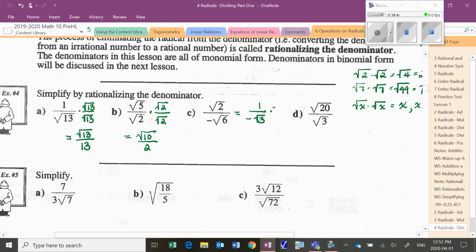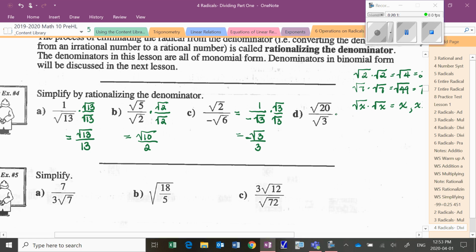Then to rationalize, I need to multiply top and bottom by the square root of 3, and so then we've got root 3 over 3. That negative, I'm just going to move into the numerator, because typically we don't want to leave a negative in the denominator; we'll either put it out front or up top. Then there's no need to multiply by negative root 3 over negative root 3. You can, but it's not needed, because the whole idea is just to get rid of the radical.